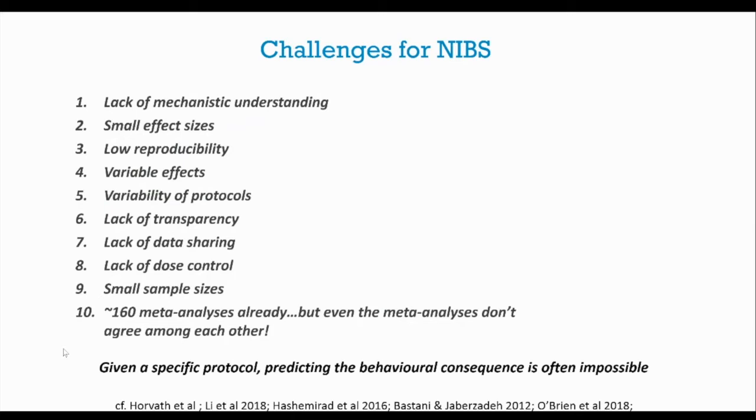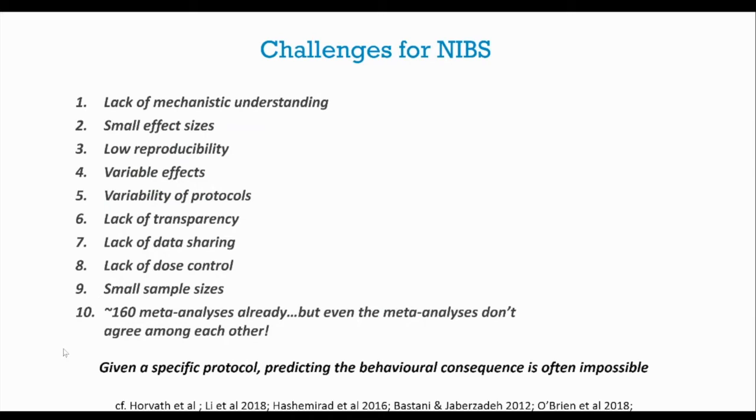Jointly they contribute to the problem that if we choose a specific stimulation protocol, predicting what is actually going to happen is generally impossible. So we don't have a good way of choosing a protocol that we know is likely to have a specific effect with a certain degree of confidence.